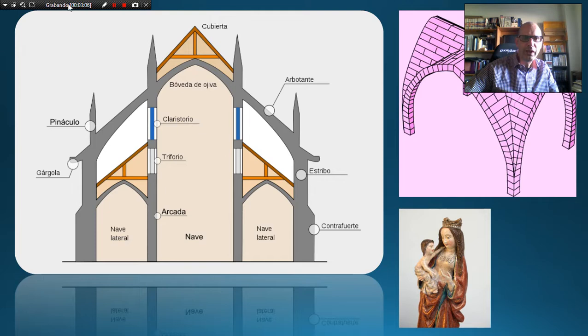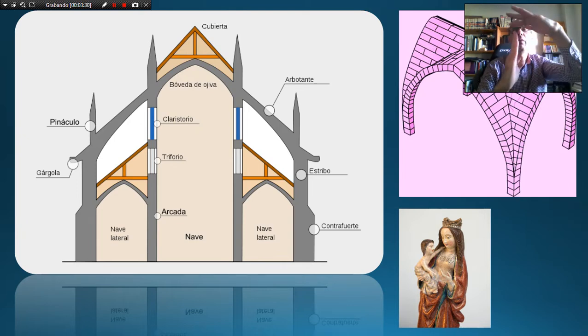And then we have pinnacles. Do you remember? This one is a pinnacle. A pinnacle is to reinforce the buttress. Imagine we have a triangular distribution of weight. We have the wall. Now, with this triangular distribution, it seems that the wall can move to one side, because of the weight.